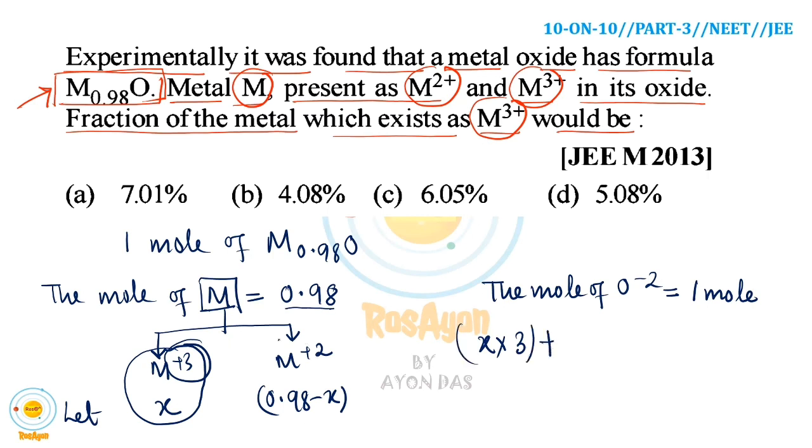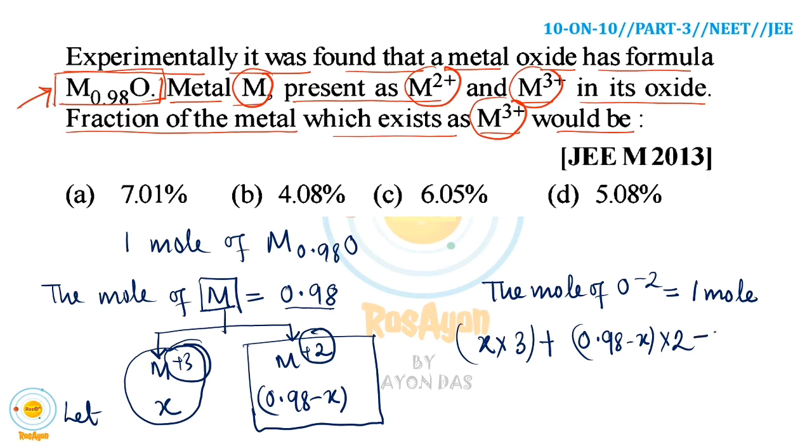Plus the charge from M+2, which equals (0.98 minus X) into 2, because the charge is plus 2, and from the oxide, minus 2, because the charge is minus 2 and it is present as 1 mole.